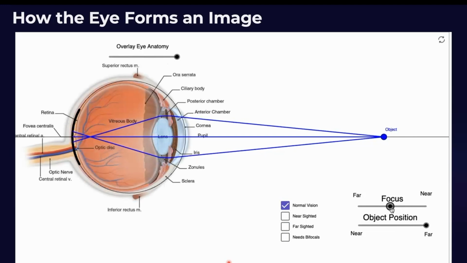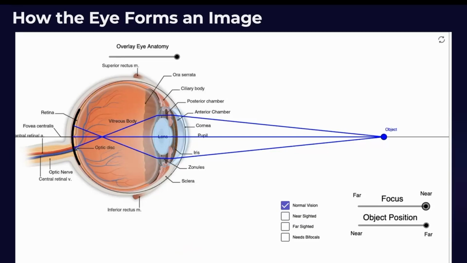We can see objects, we can see details of the object, we can also see motion, and we are able to perceive and distinguish different colors. And we have to remember that a significant population may also have near or farsightedness that can be corrected using specific lenses.